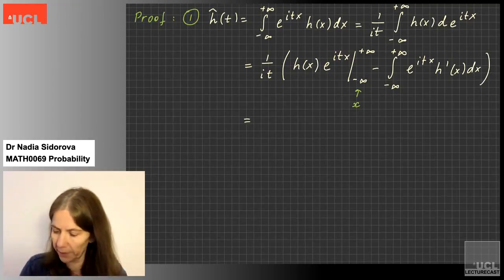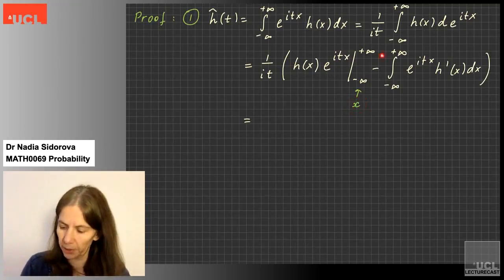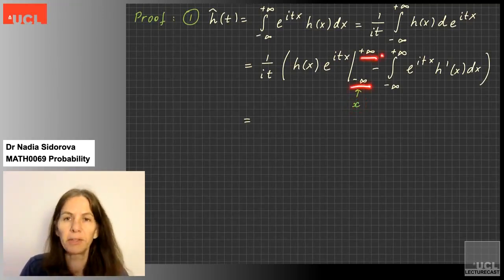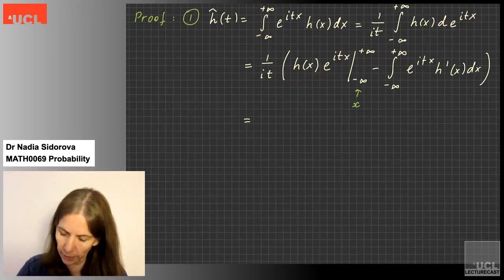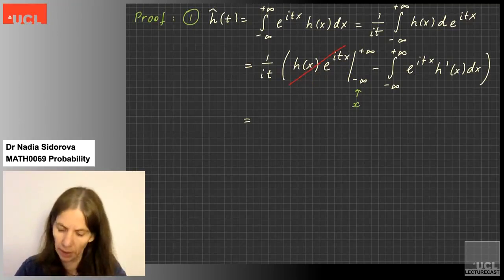Now, what happens if I substitute plus infinity and minus infinity for x? This term is bounded by 1, and this term tends to 0 by one of our conditions, and this is why we needed it. So this term equals 0. Maybe let me just cancel it.